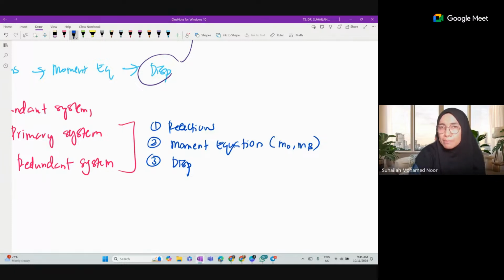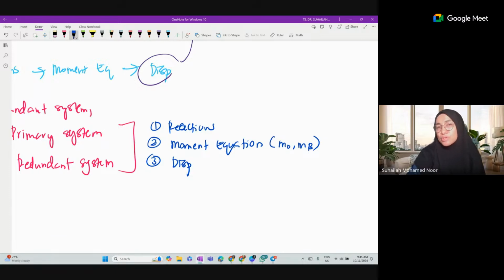Whenever we use label B, it is MB, MC, MD, depending on the label that we use for the redundant. Here, By is the redundant, so we use MB.